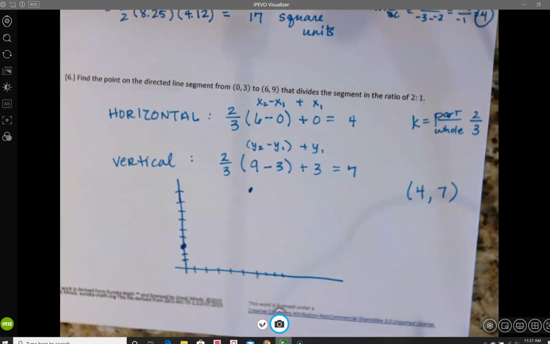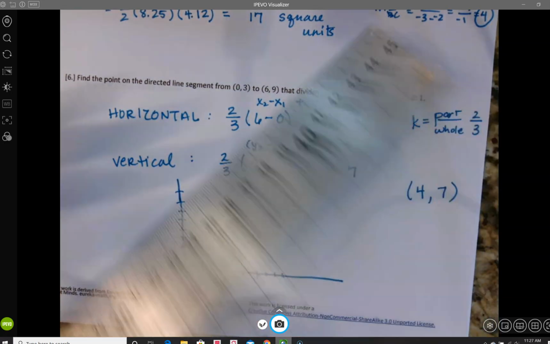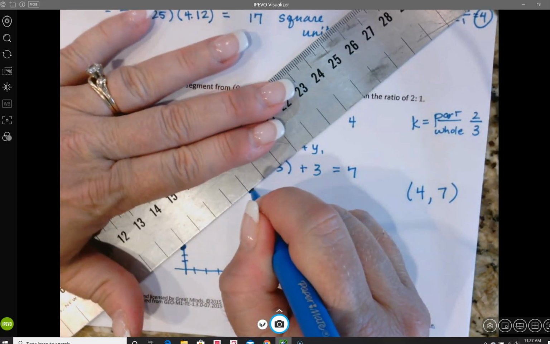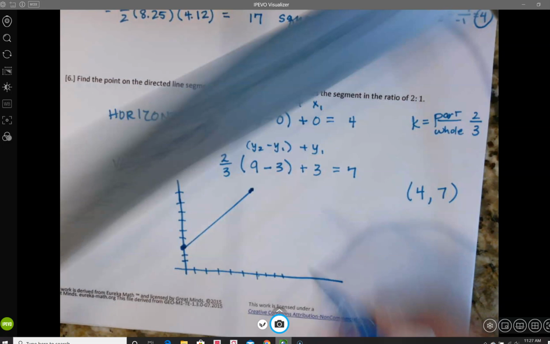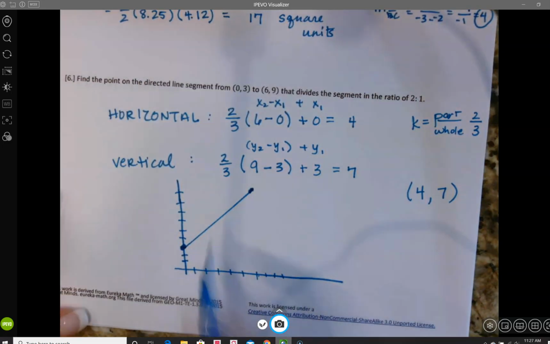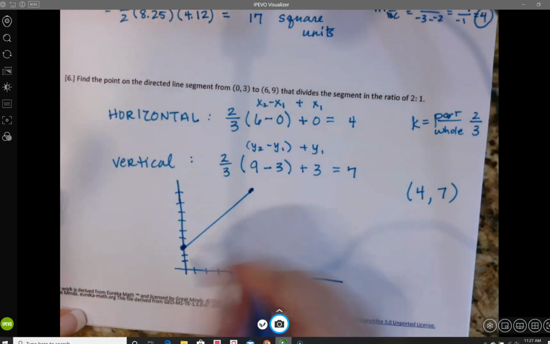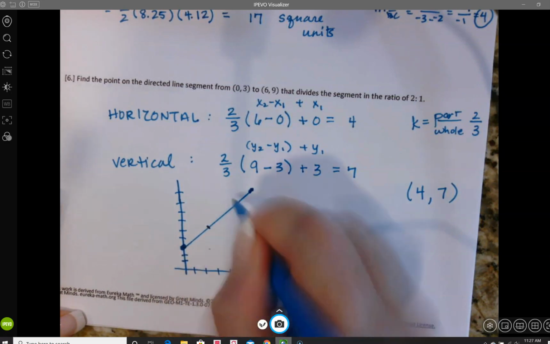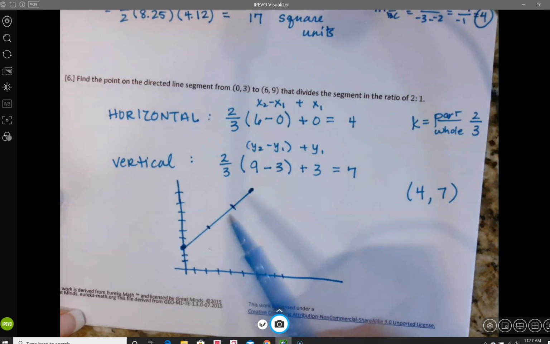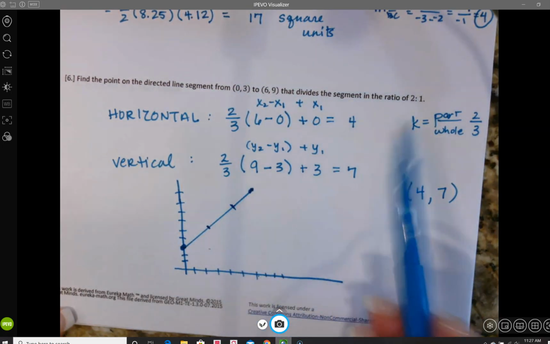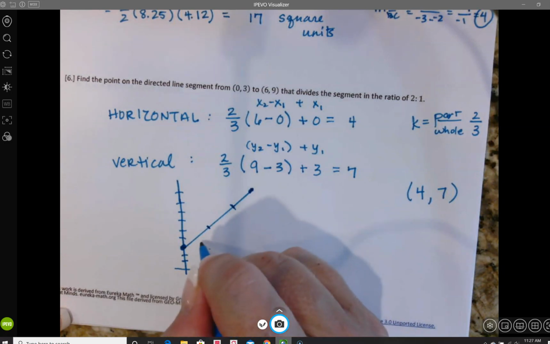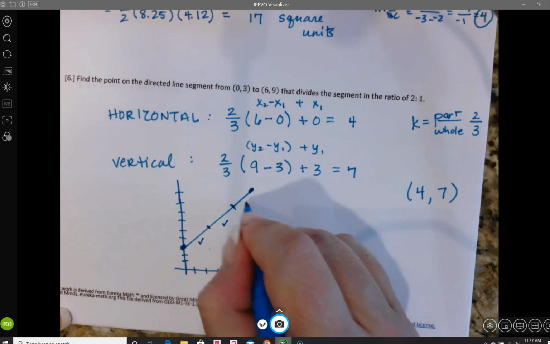Okay, so let me connect that with my ruler. Now, so 0, 3, and 6, 9. So if I went over and I cut this thing into 3 pieces, if I was going to have a ratio of 2 to 1, so here's a piece, here's a piece, and here's a piece.